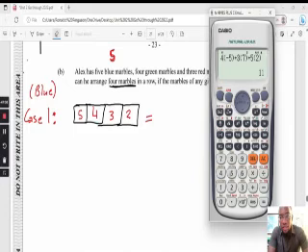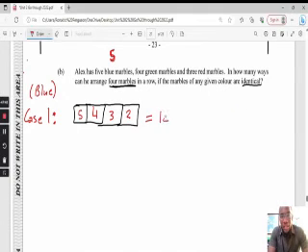Let's do that, 5 times 4 times 3 times 2. That deals with blue, and that is 120.